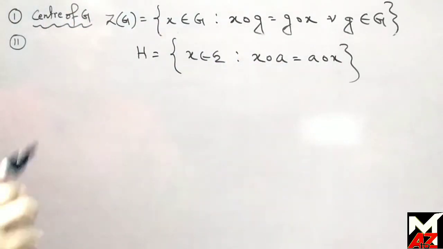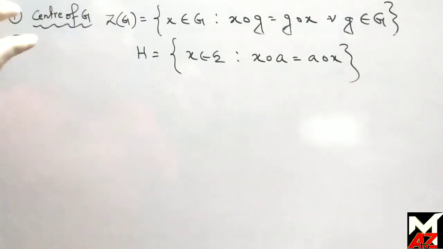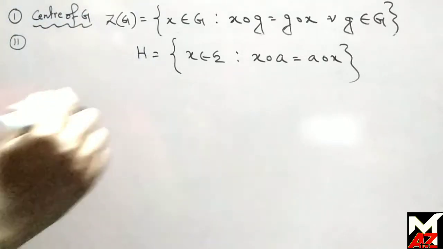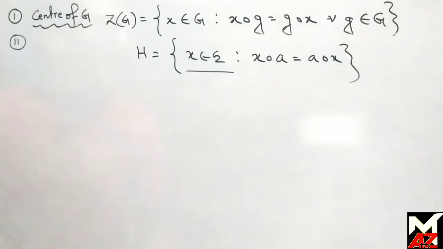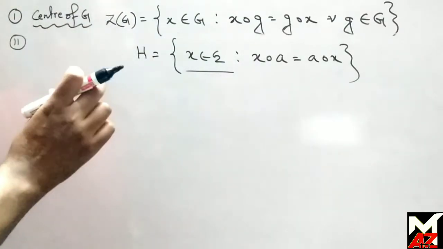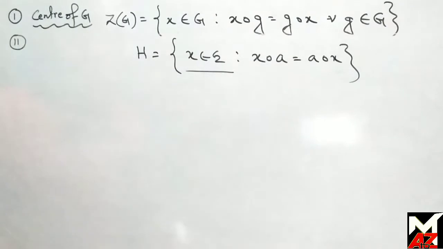Okay, and clearly we see this is also a subgroup, similar to Z of G. Same proof here.